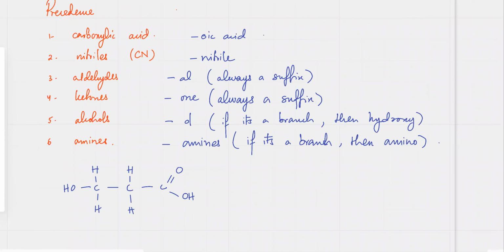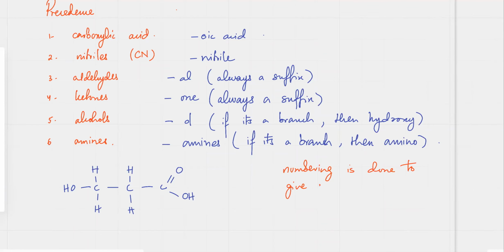And another thing about numbering is that numbering or position is done to give the smallest number to the highest precedence group. You don't care about the numbers of the other groups. You just care about the highest precedence groups.